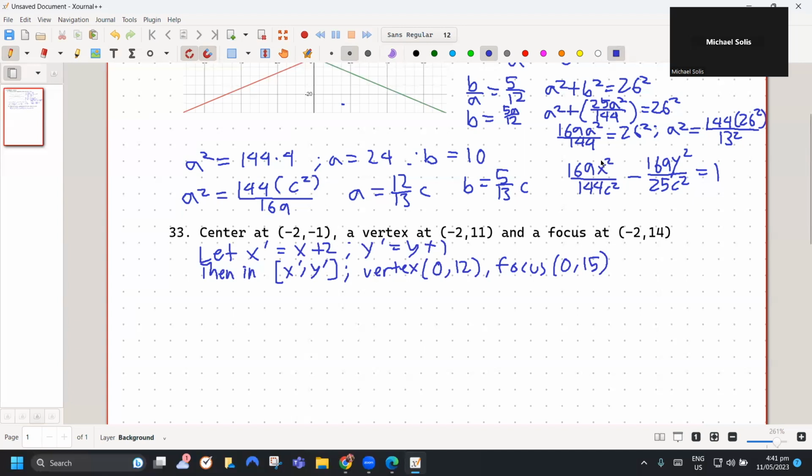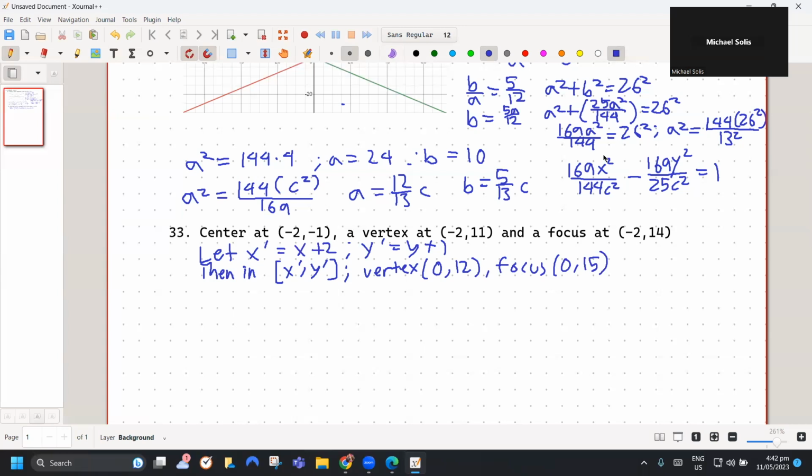Tapos, prime coordinates, kaya unprimed. Gawa ka kaya ng table para mas and then fill up the table.